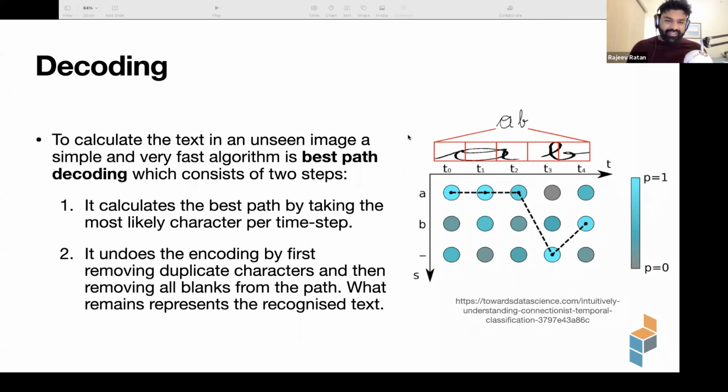It calculates the best path by taking the most likely character per time step, and then undoes the encoding by first removing duplicate characters, because as you can imagine, T1 and T2 would probably produce an A, hopefully, in this example right here. So we have to do something to remove these duplicate characters, which CTC does built into it in a way. There's a lot more to this algorithm. I'm just talking about it on a high level right now.